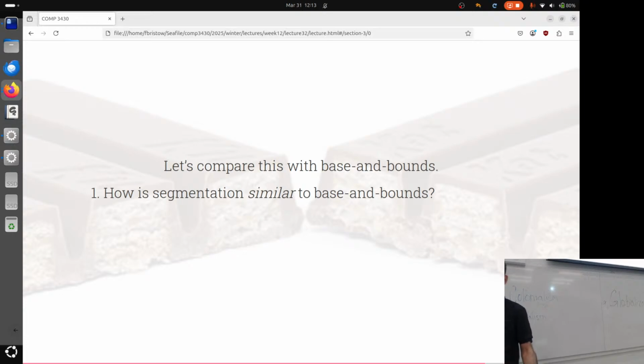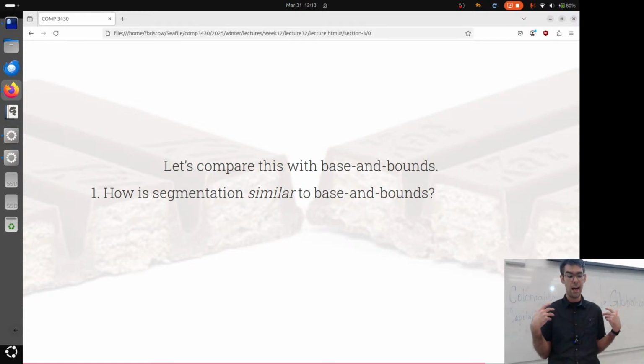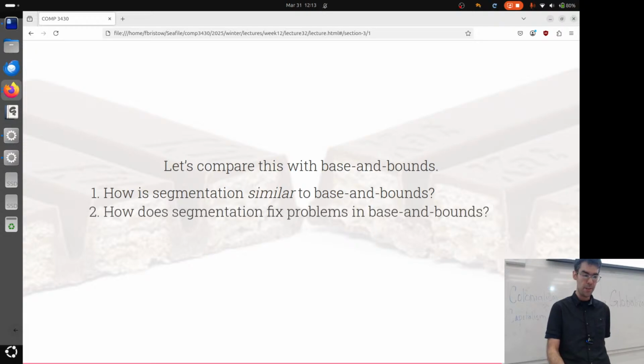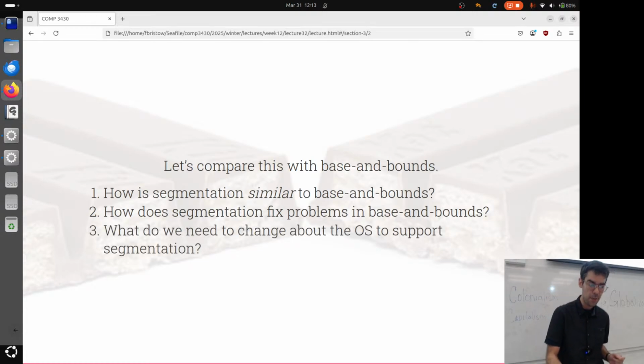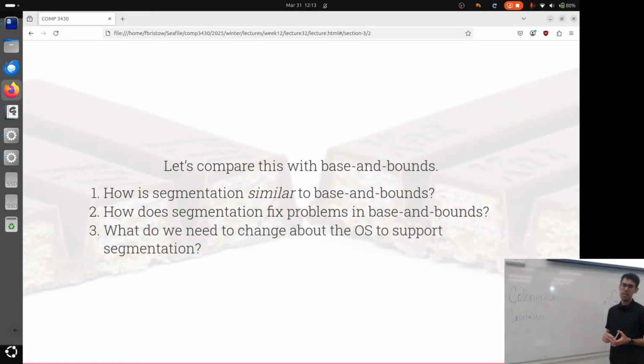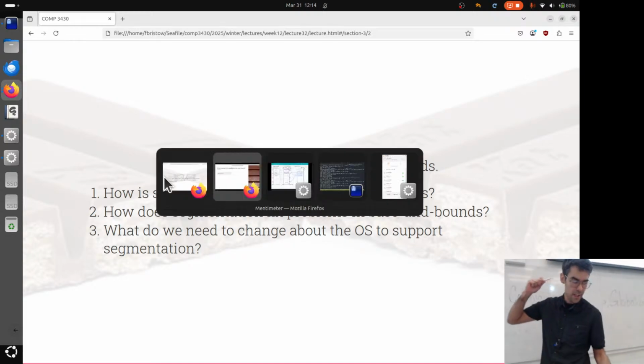And I want us to be able to think about that in terms of overall structural similarity, but also in terms of the kinds of things that we as an operating system might need to have to be able to do this. How does segmentation fix the problems that we've got in base and bounds? We'll ask these in step, so you don't need to answer them all right now. And what do we need to change about the OS to support segmentation compared to what we were doing with base and bounds?